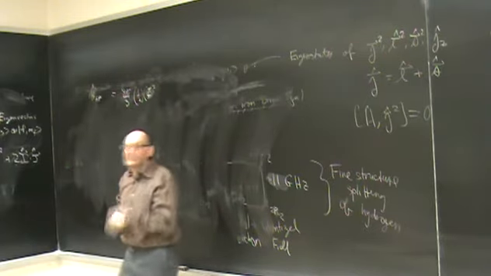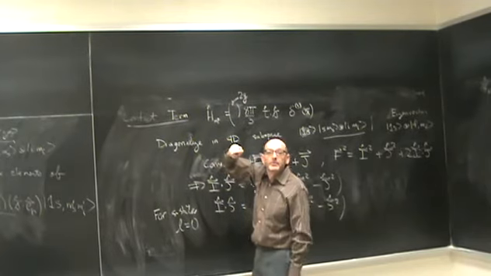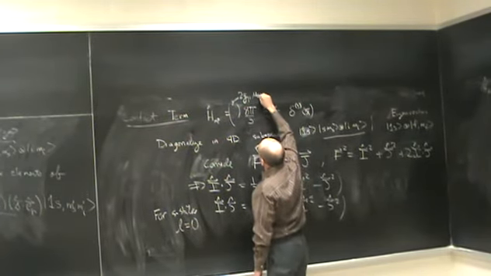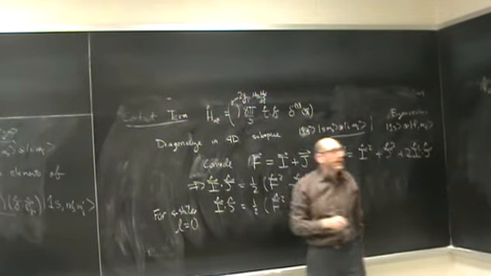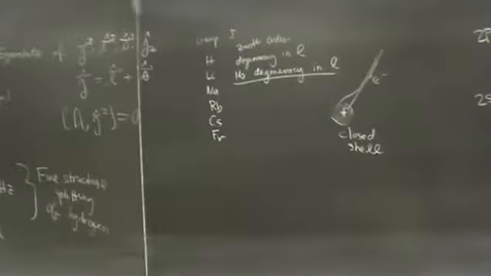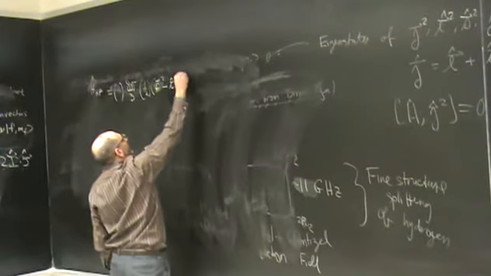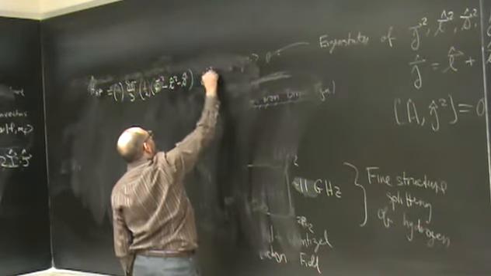I left out all of the prefactors. There's a lot of prefactors here. They're all in the notes: 2g proton over a cubed. Minus I squared minus s squared times the delta function at the origin.